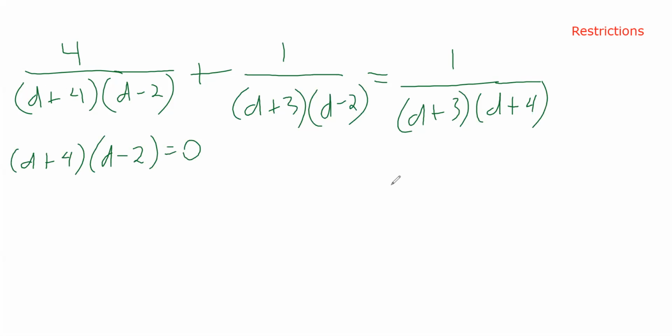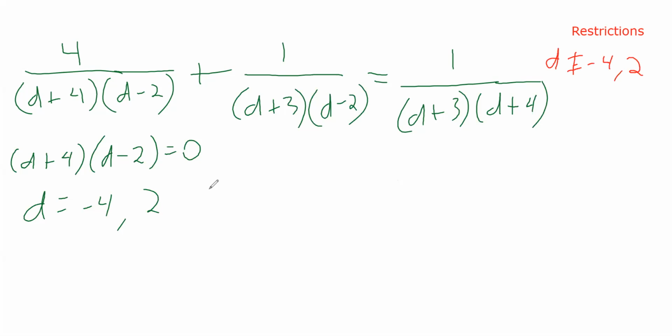So then I would just take each individual factor, set it equal to 0, and you'll see you'll get -4, and this other one would be +2 if I just put them on the other side. So I know that some of my restrictions include that d cannot be -4, and it can't be 2. So those are my first two restrictions.